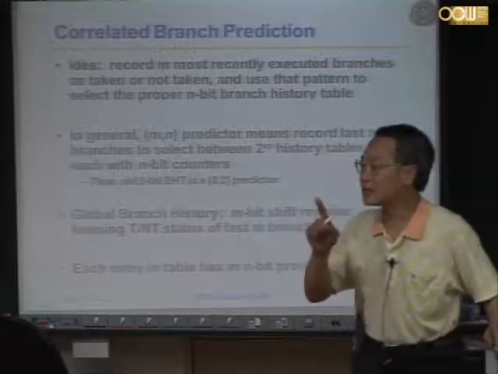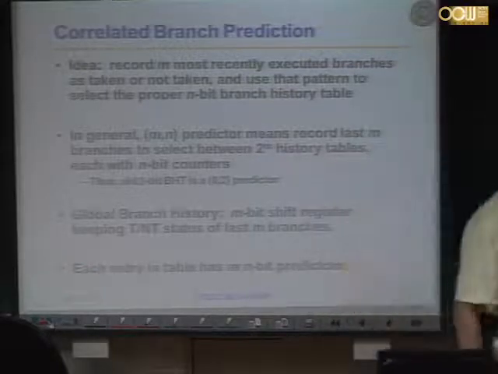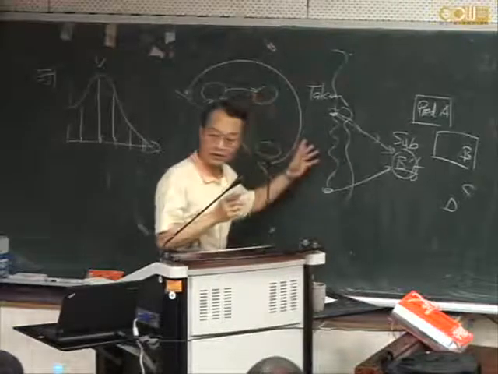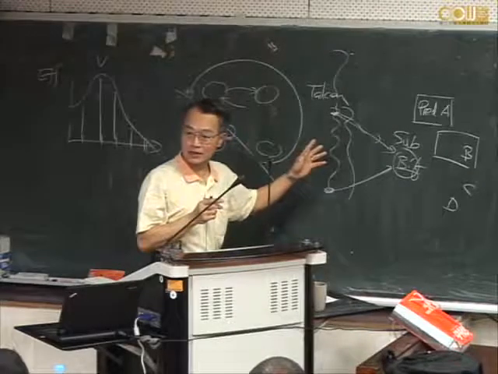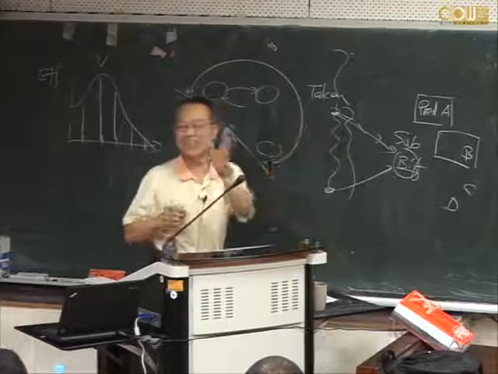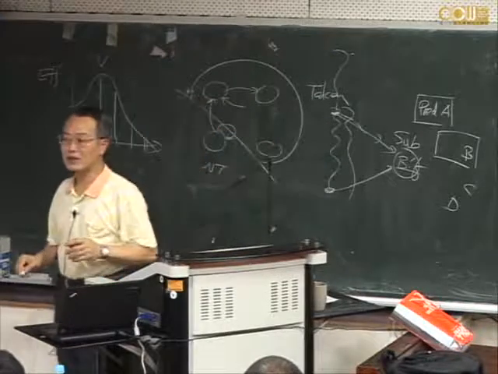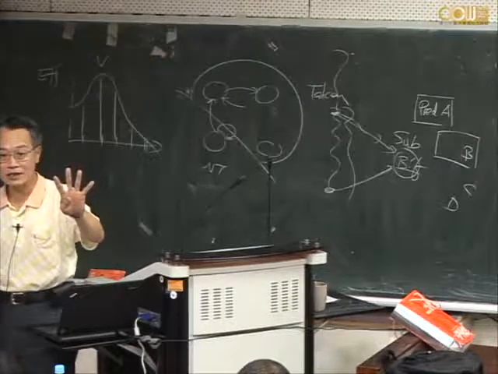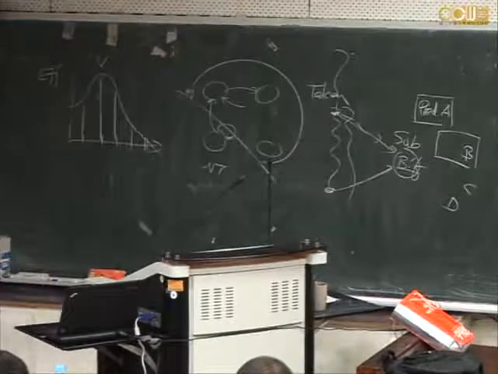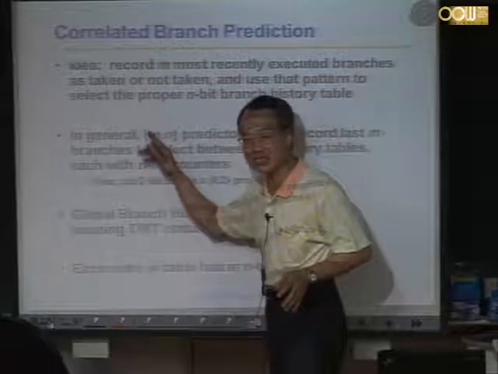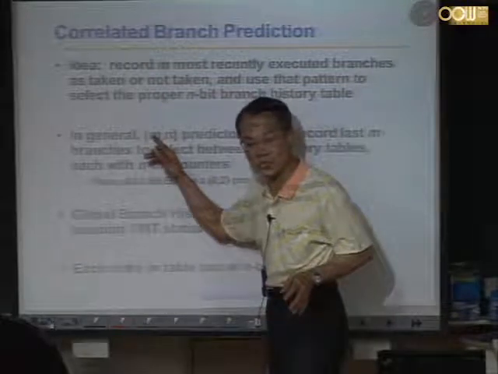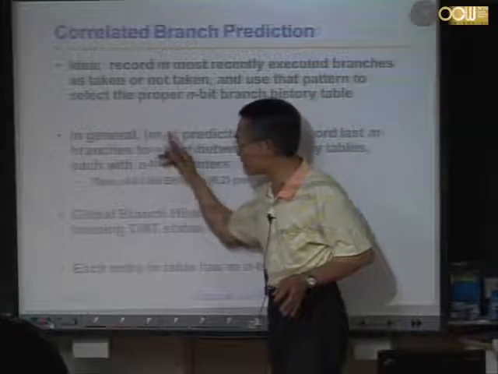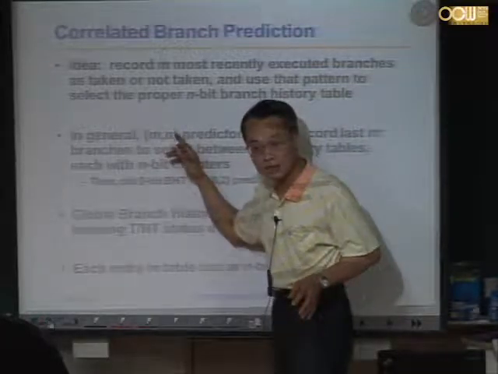So you noticed one fact. That is, how you got here does matter. If I want to trace back 4 branch results, then I will end up with having 16 predictors. Would that be too big? 16 of these, would that be too big?